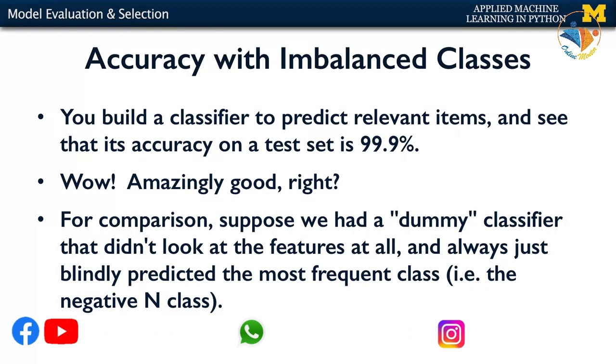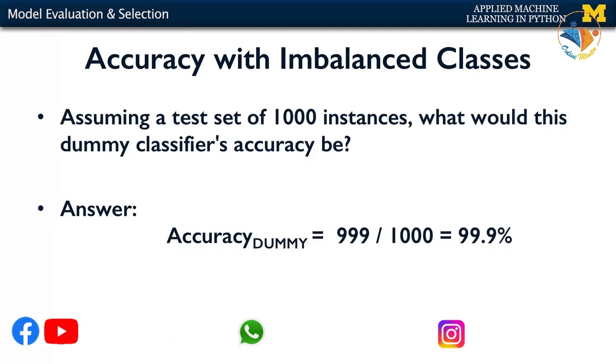But let's compare that to a dummy classifier that always just predicts the most likely class, namely the not relevant class. In other words, no matter what the actual instance is, the dummy classifier will always predict that an item is not relevant. So if we have a test set that has 1,000 items, on average, 999 of them will be not relevant anyway.